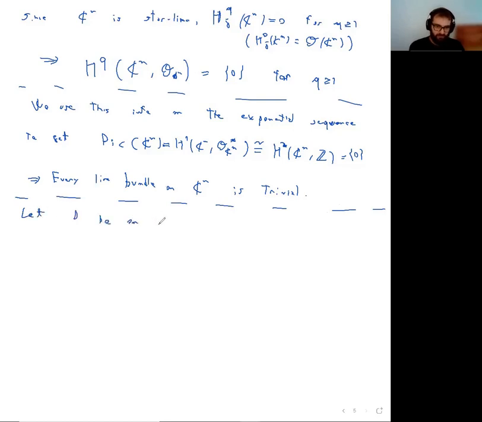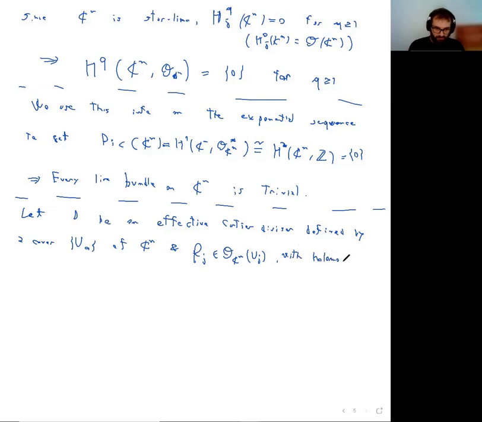So we take an effective Cartier divisor defined by a cover U alpha of Cn and some functions fj, which are now just holomorphic because it's an effective divisor, such that these fj are never zero, and fj over fk is fjk on Uj intersect Uk.